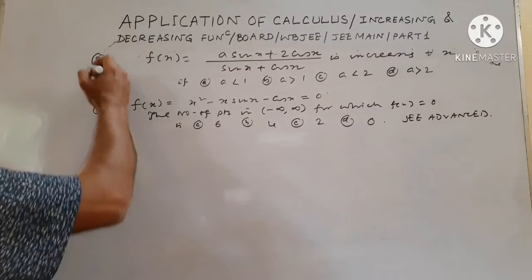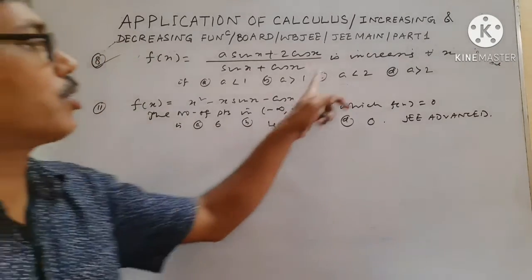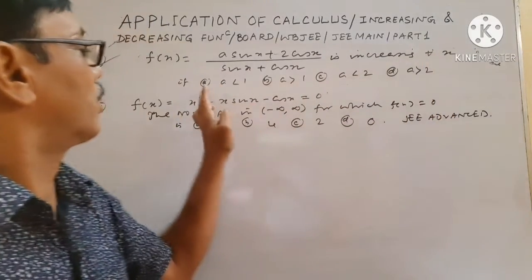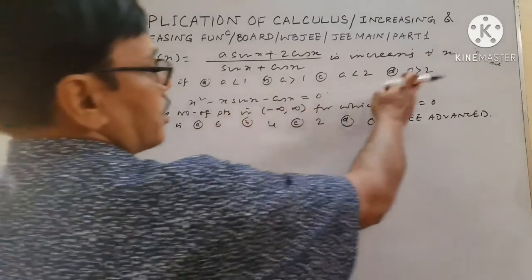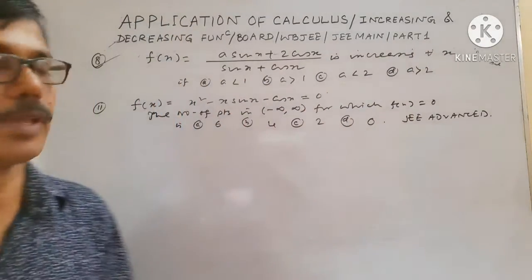Now consider problem number 8. f(x) is increasing for all x. What is the restriction on a?